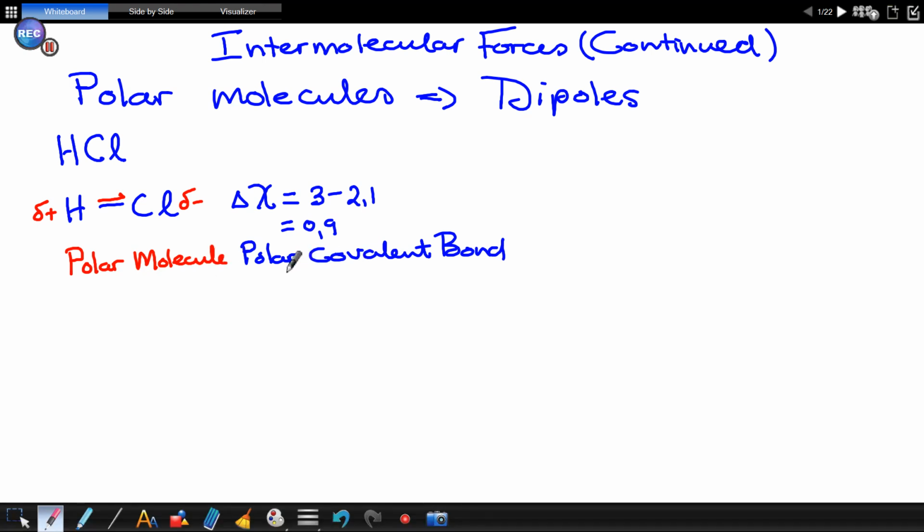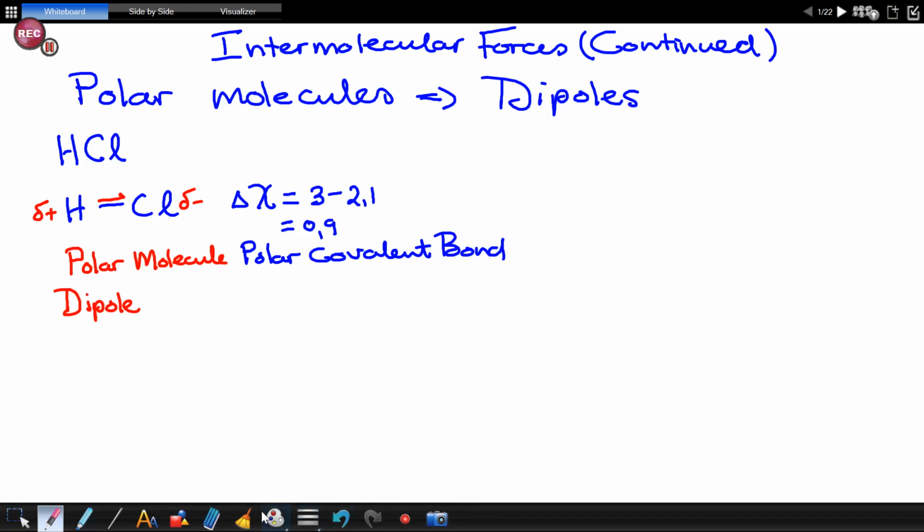You see, there is a difference between a polar covalent bond, where the electrons are not shared equally between the atoms, and a polar molecule, where the molecule is a dipole. It's got a positive side and a negative side.